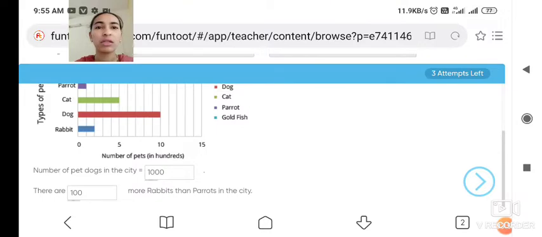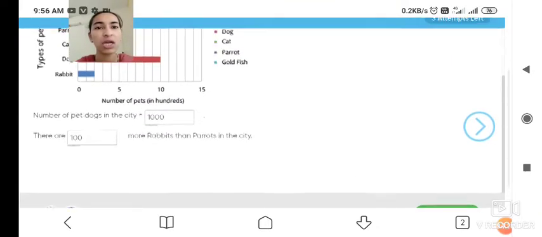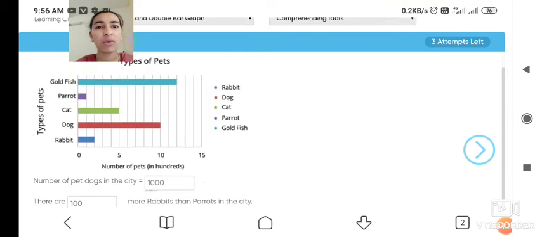Rabbits are 200 and parrots are only 100. Which number is bigger? 200 is bigger, but how much bigger? 200 minus 100 is 100. So the answer is 100.